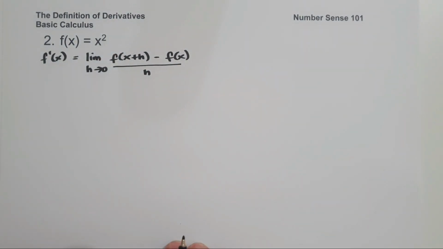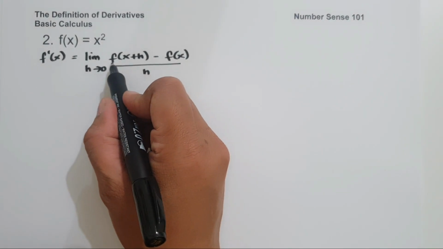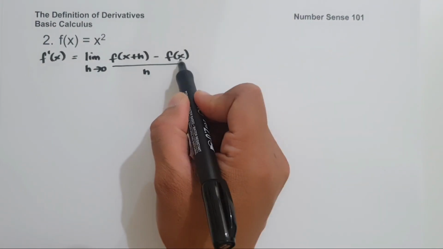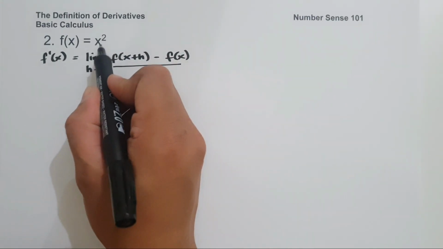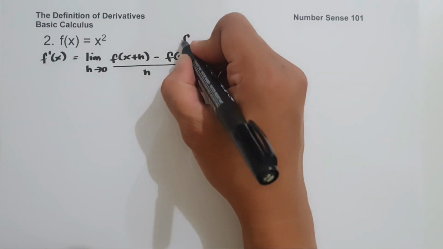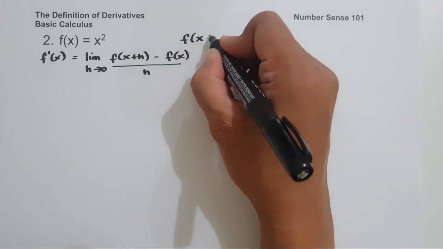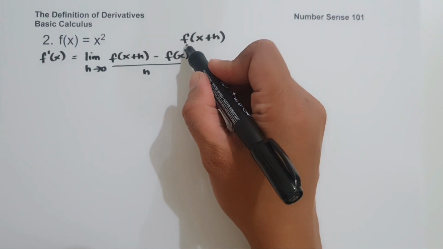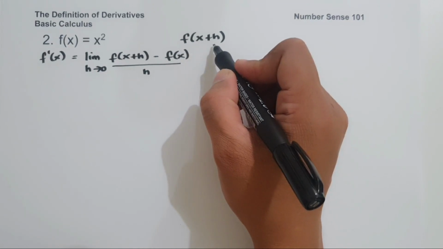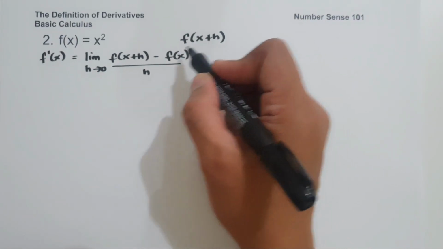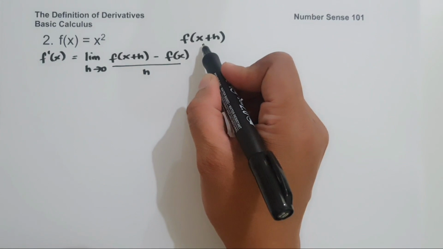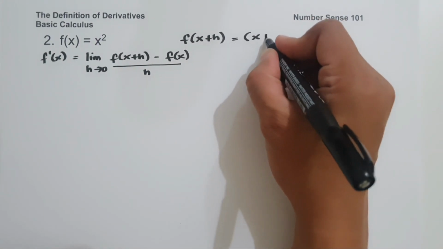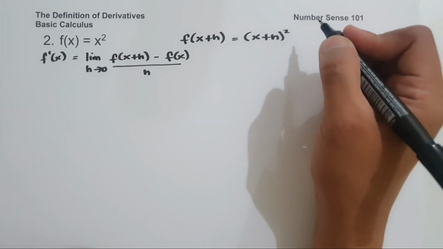Since in our formula, we have to determine f of x plus h and f of x, and the value of f of x, that is our given, is x squared. And let us find the value of f of x plus h. To find it, let us substitute x as x plus h. So this will be x plus h squared.